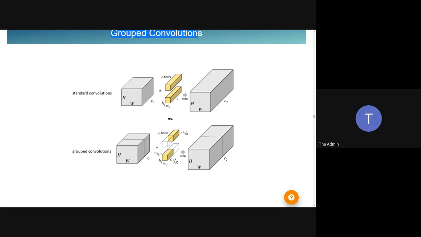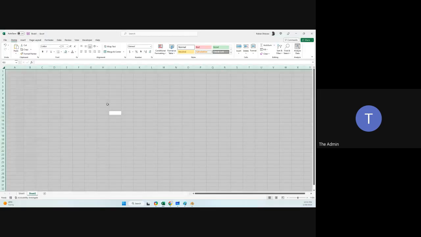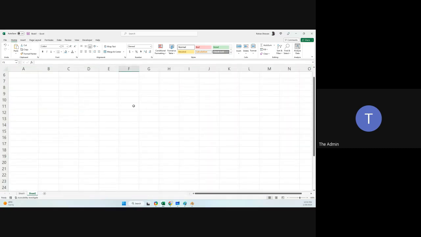Now, what I want to show you quickly here: input resolution is, let's say, 15 cross 15 cross 3, and now we have groups here, and this is the output. We're going to talk about the output of each group. Let's say we have one group. The output of each group is going to be 13 into 13 into 3.